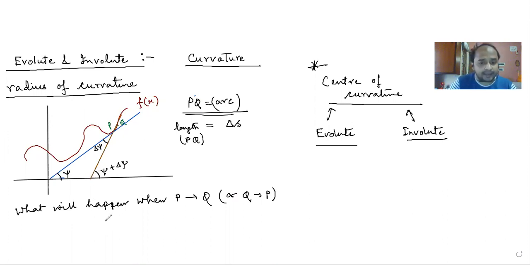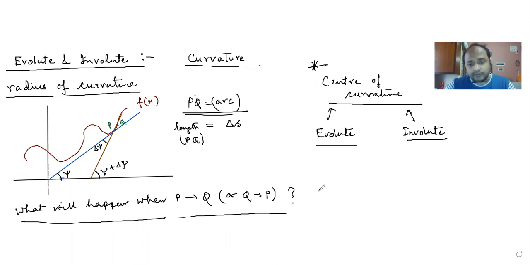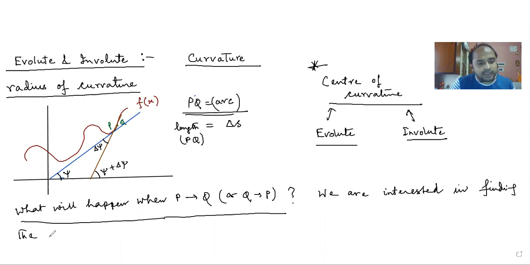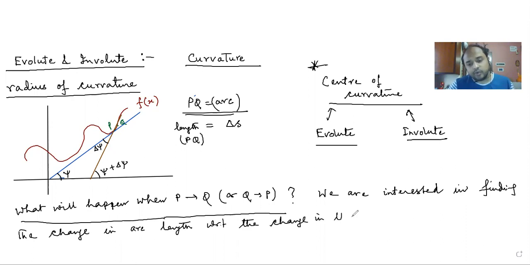We are interested in finding the change in arc length with respect to the change in the angle which the tangents are making with the positive direction of the x-axis.